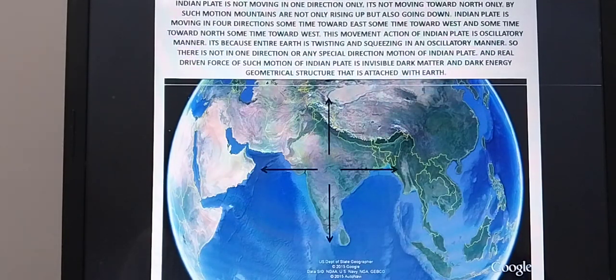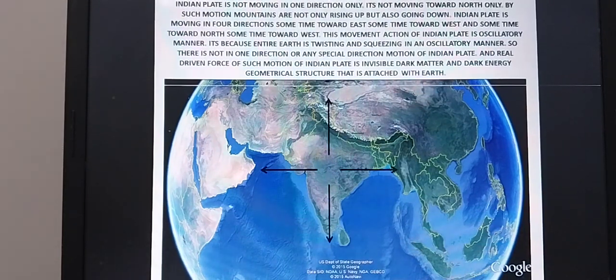So now we explain how the Indian plate is vibrating. The Indian plate is not only moving to the north, and the Himalaya is not only going upward. The Indian plate is not moving in one direction only. By such motion, mountains are not only rising up but also going down.